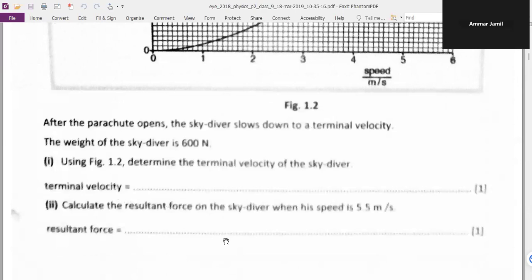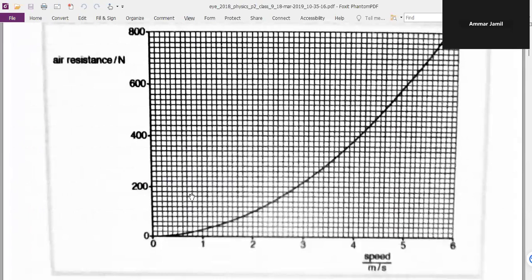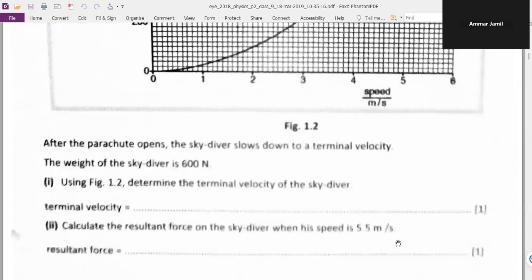And then the question is asking about the terminal velocity. It says after the parachute opens, it slows down to a terminal velocity. Use figure 1.2 to determine the terminal velocity of the skydiver.